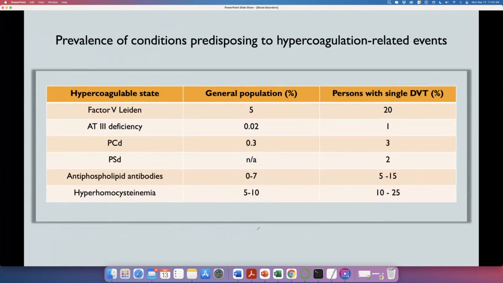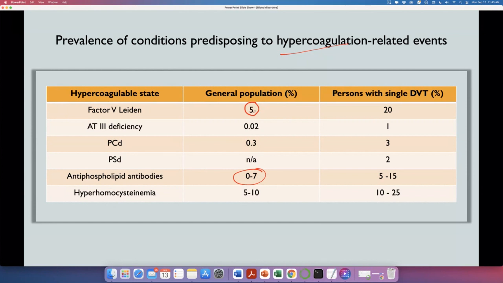This is simply showing you the different disorders that predispose to hypercoagulation. Okay, notice that factor 5 Leiden is the most common in the general population. This depends on what studies you do. Anti-phospholipid antibodies are found in up to 7% of the general population, but that doesn't mean that they are going to produce a hypercoagulable state.